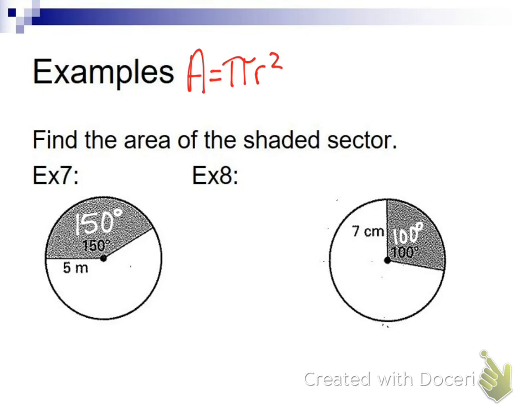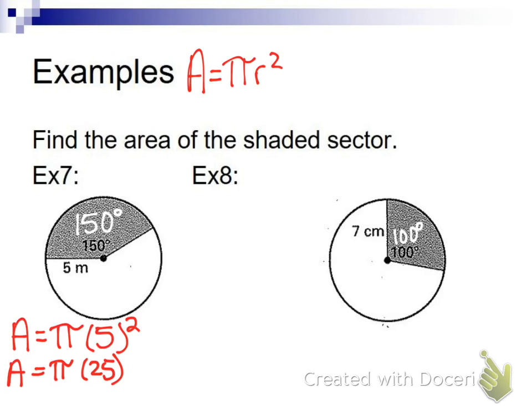So on number 7, my capital A, or area, is equal to pi times what squared? 5. My radius is 5. What is 5 squared? 25. And we take pi times 25. What do we get? 78 point what? 0.5. We all agree with that?